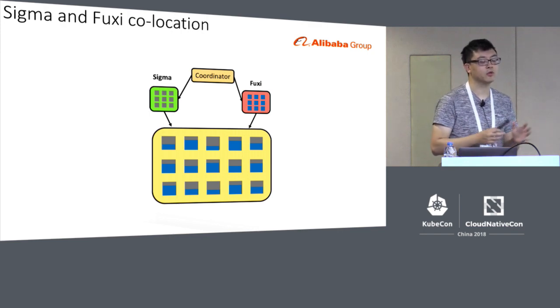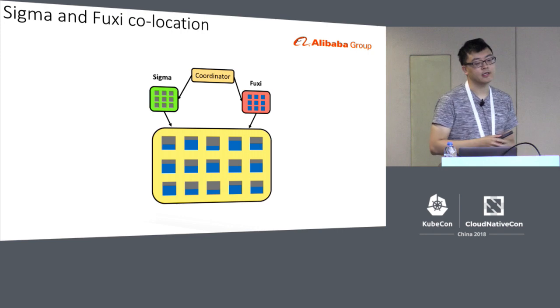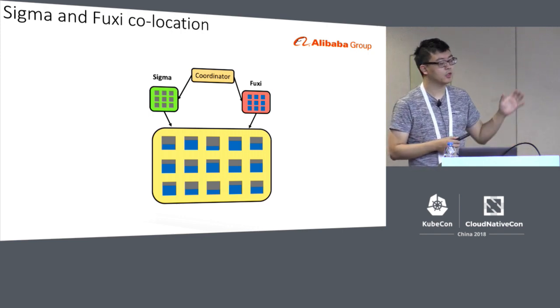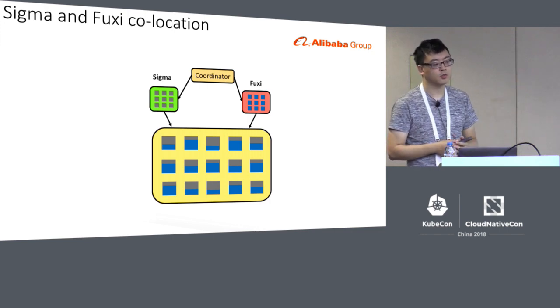Since the jobs on Sigma and Fuxi are different in their resource usage and quite complementary, if they can co-locate on the same server, the resource utilization rate will be increased. And you can imagine that Sigma and Fuxi deploy resources on each machine.